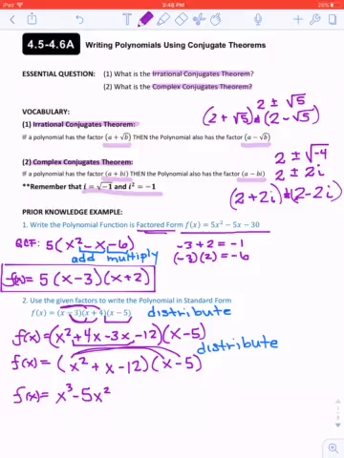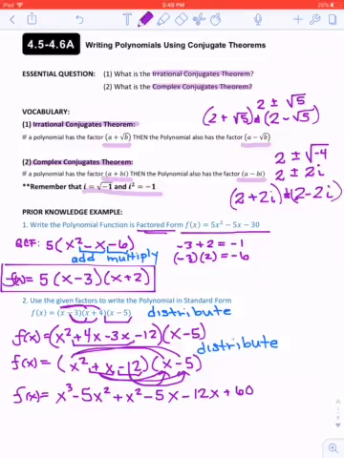I'm going to take this x now. X times x, so plus x squared. X times -5, so minus 5x. Now I need to take that -12. Negative 12 times x is minus 12x, and negative 12 times negative 5 gives positive 60.